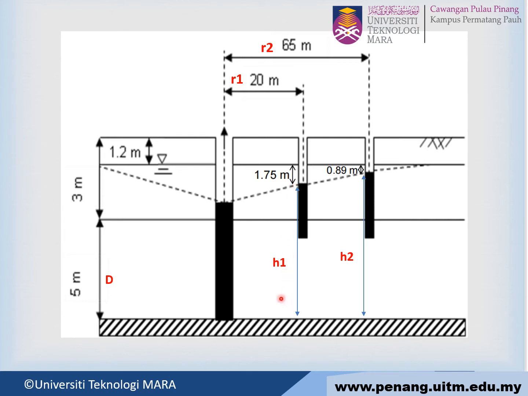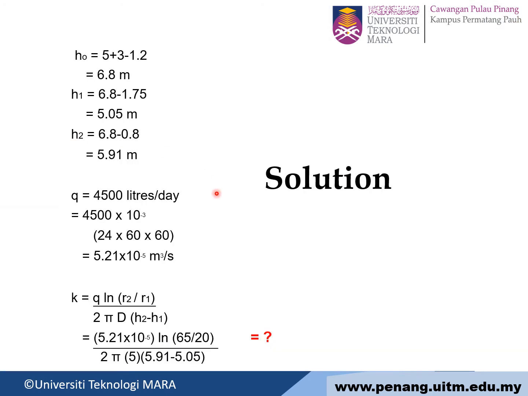So H1 is equal to 5 plus 3 minus 1.2 minus 1.75. H2 is 5 plus 3 minus 1.2 minus 0.89. So this is the solution for H naught.